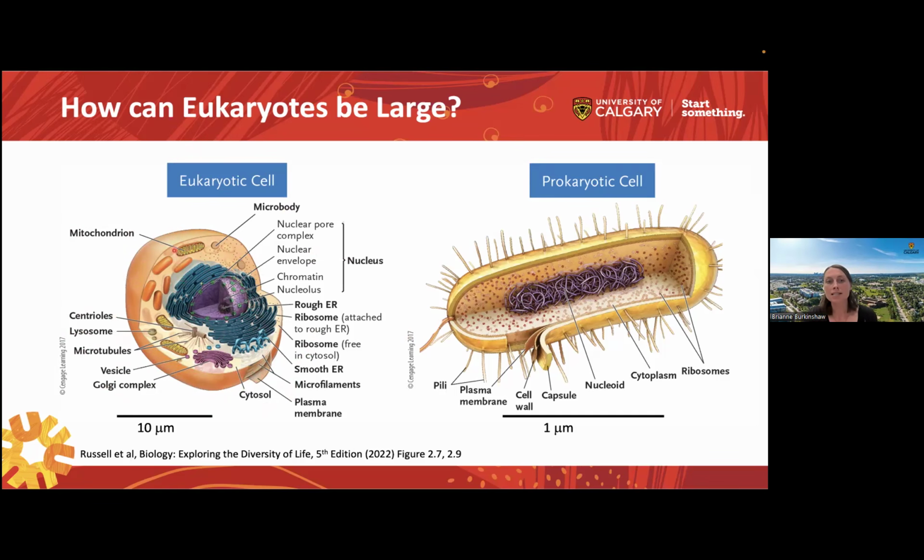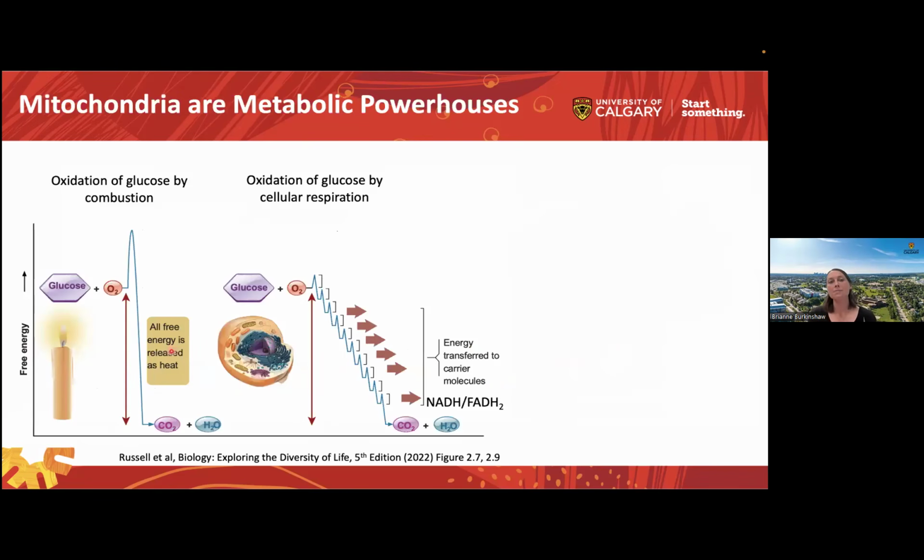However, the eukaryotic cell has hundreds of mitochondria within it, and the mitochondria have lots of surface area, and that's the site where ATP is generated in the eukaryotic cell. This is what allows that eukaryotic cell to grow large.